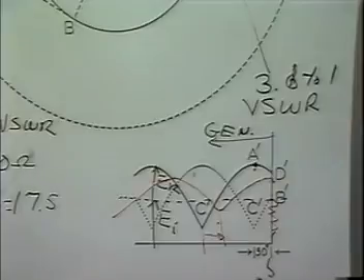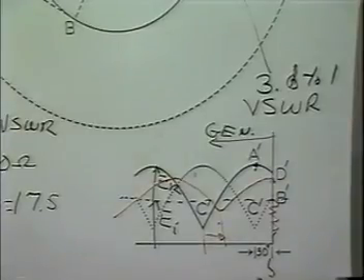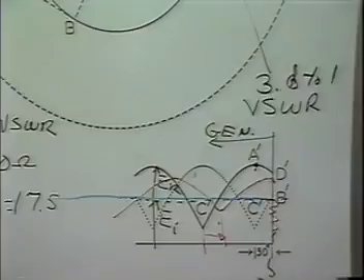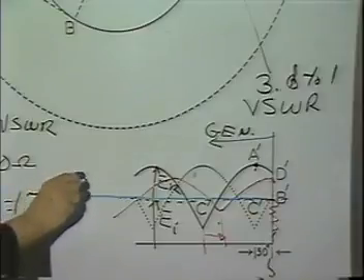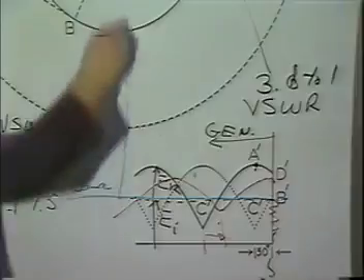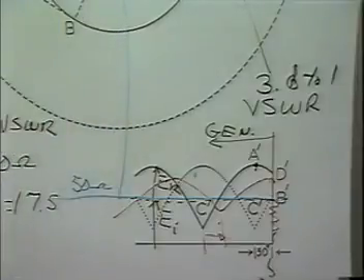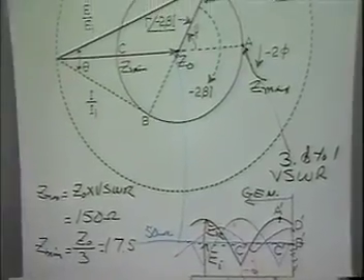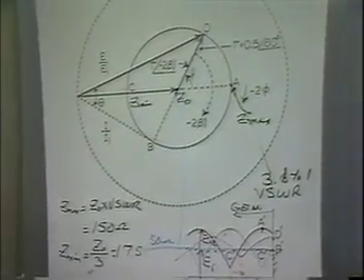What happens if I put a 50 ohm load on there? 50 ohm load, what happens? In other words, is there a standing wave pattern anymore? None. Where am I? Right there. There is no standing wave. Why?